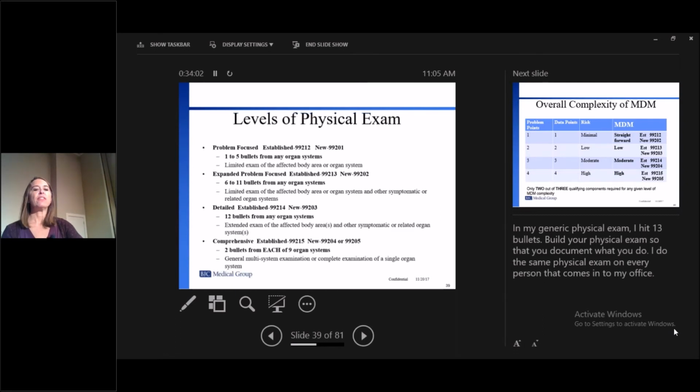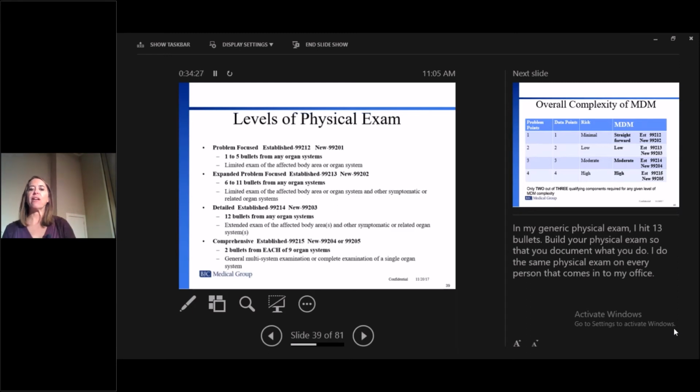For a 5, this one's a lot different. So this one, you have to have 2 bullets from each of 9 organ systems. So for the above ones, from any, so I apologize, I stated that incorrectly. You can have chest pain and palpitations and lower extremity swelling. So that would be 3 just from that one organ system. You have to have 12 from any organ system to get you a 4.